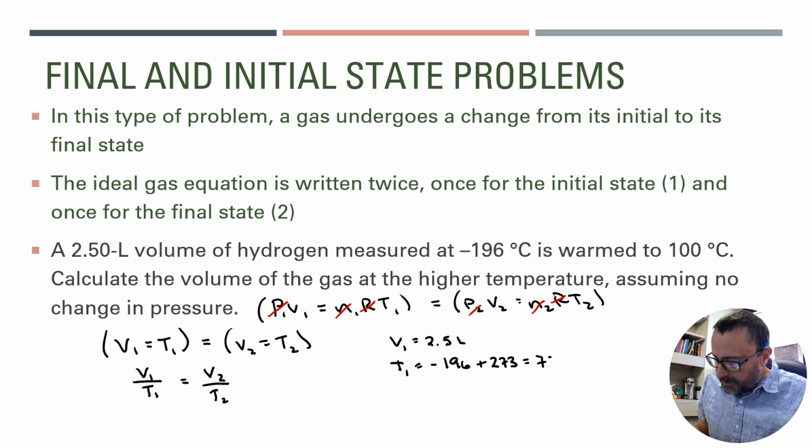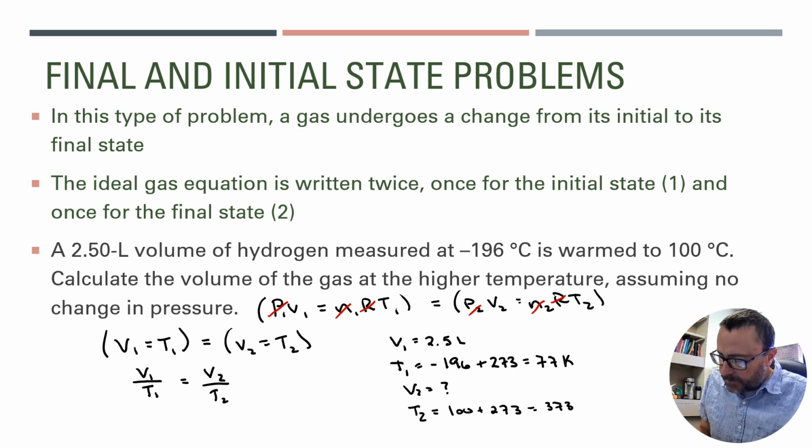So this is going to be 77 Kelvin. V2 is what we're looking for, and T2 is 100 plus 273, 373 Kelvin.